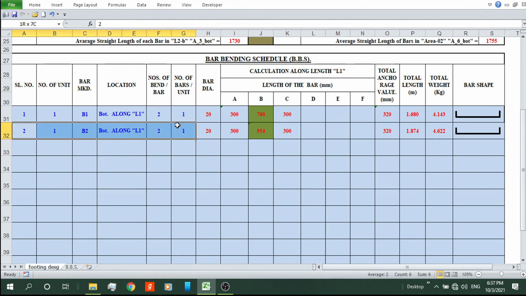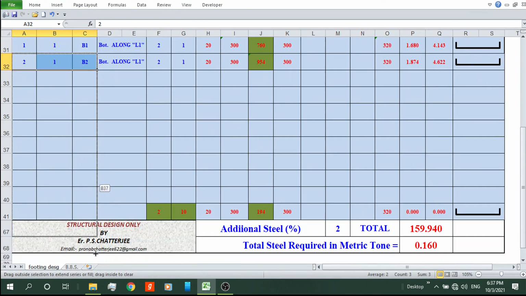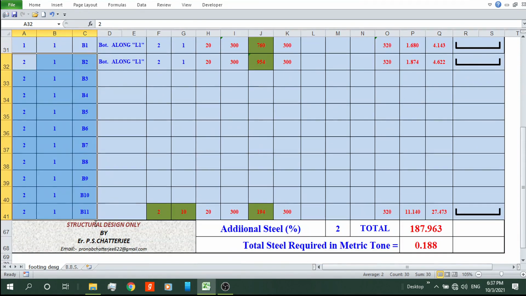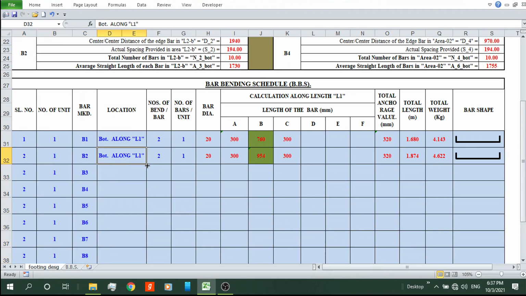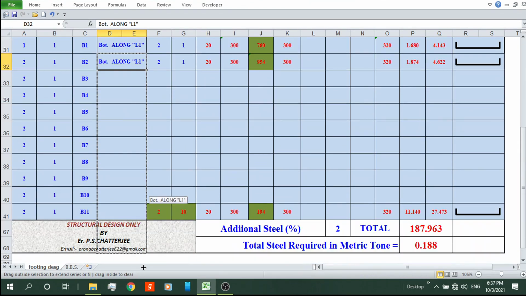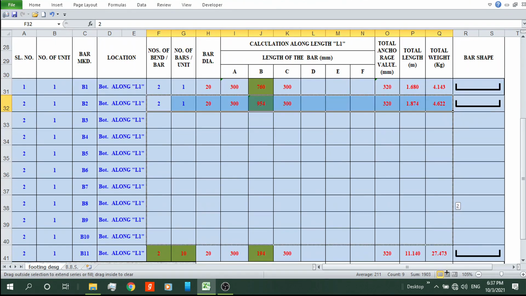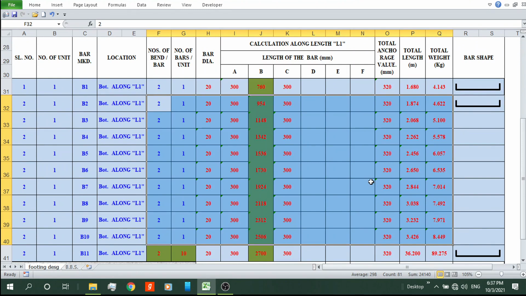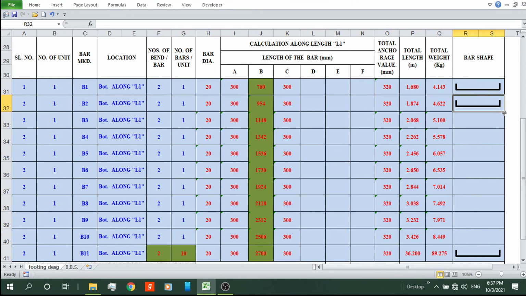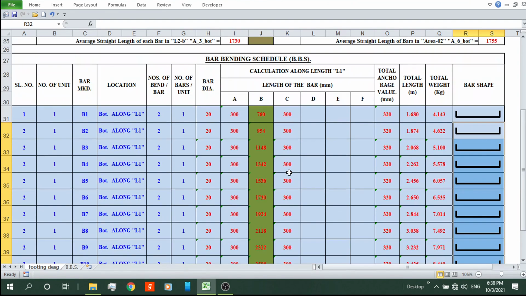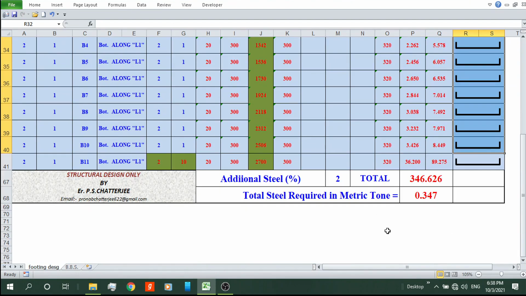Now I'm just copying this. So the bar bending schedule for bottom bar along L1 is completed.